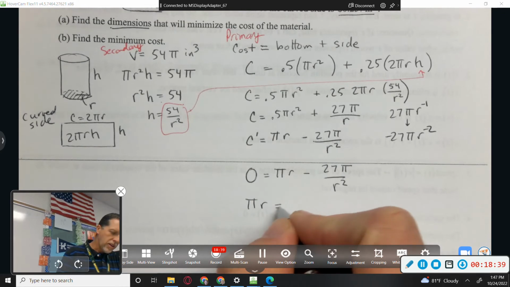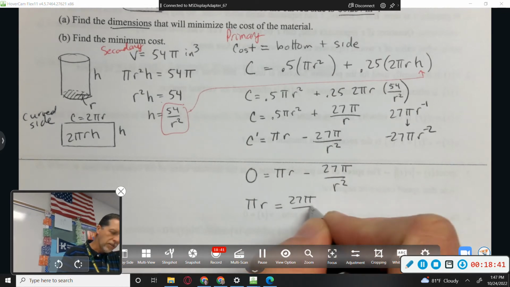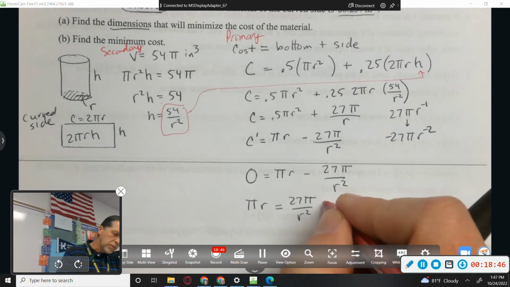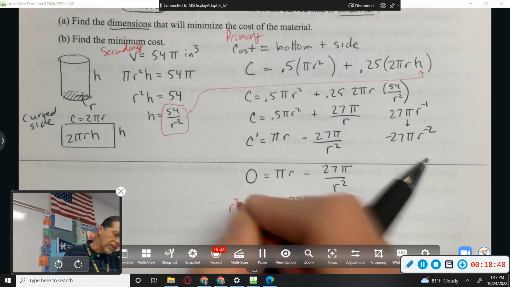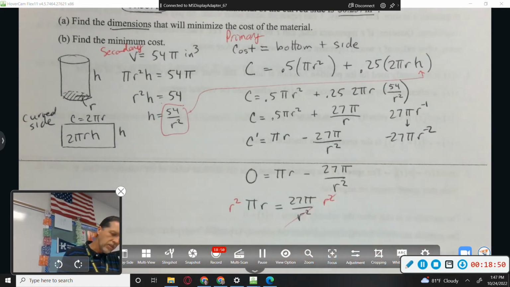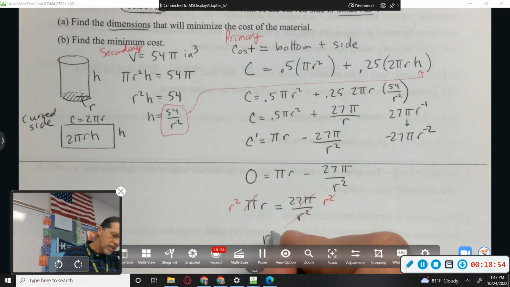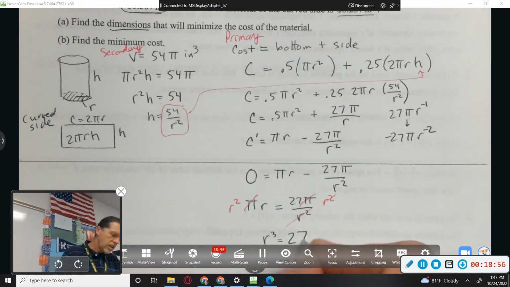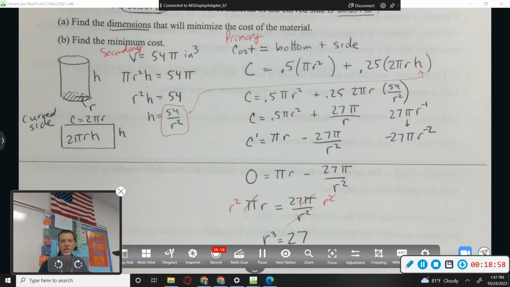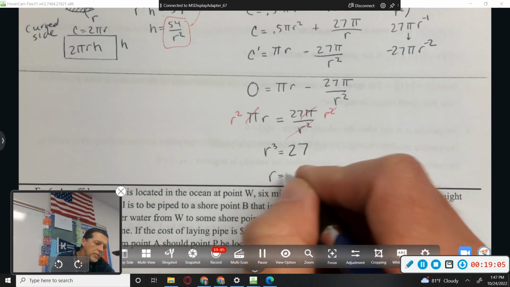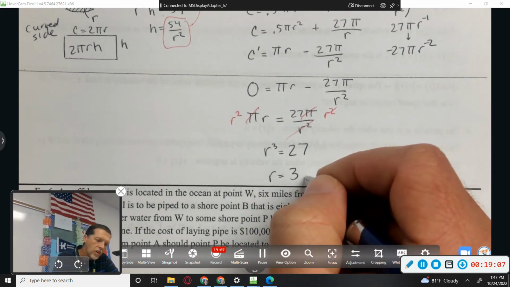So pi r equals 27 pi over r squared. Multiply both sides by r squared to get rid of the r squared. Oh, the pi's will cancel, so r cubed equals 27, which is great. Totally a rigged problem that works out that way. r equals 3.